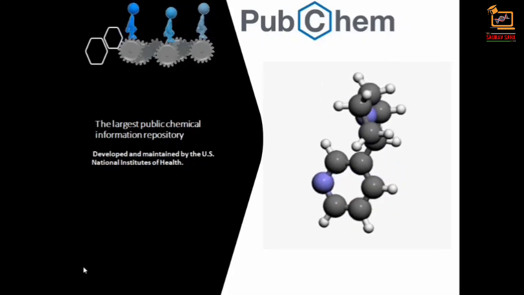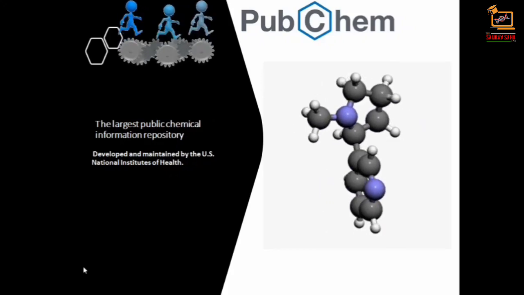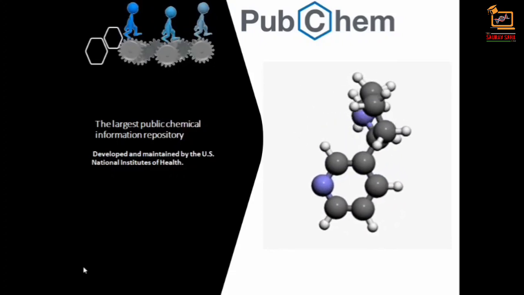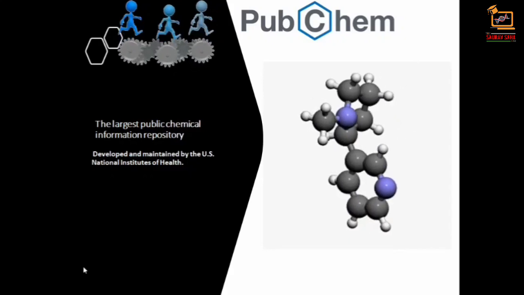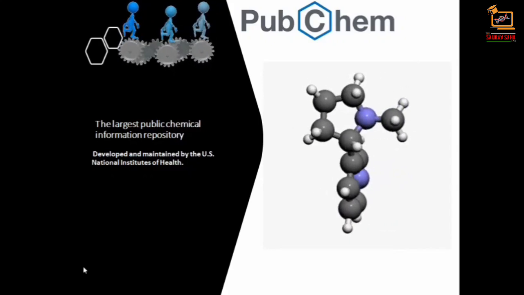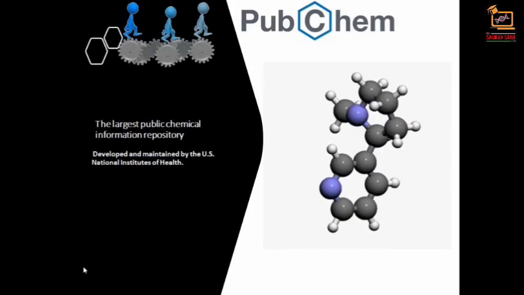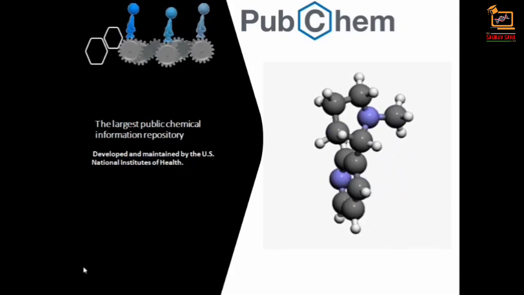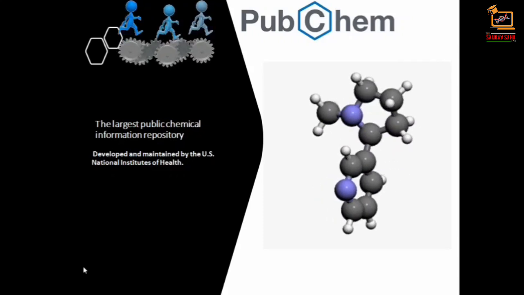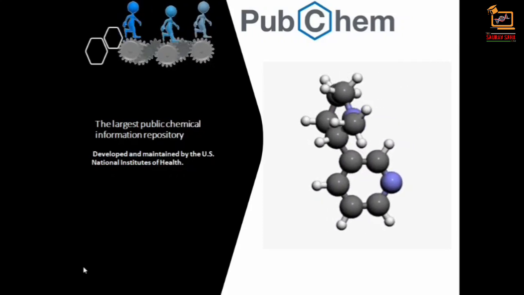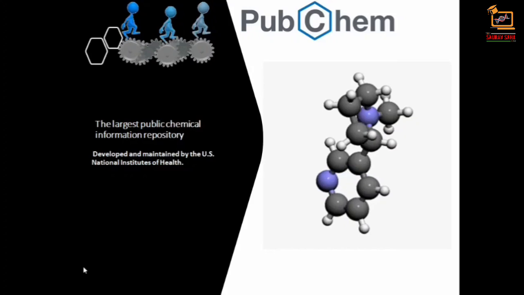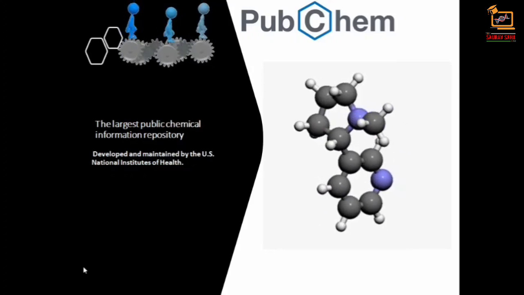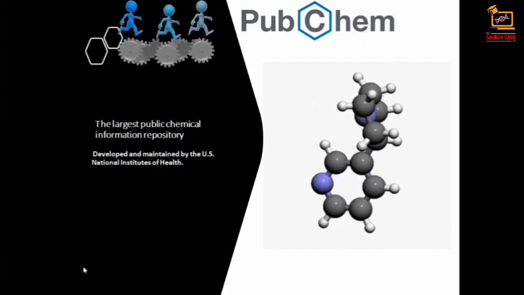PubChem is a public repository for information on chemical substances and their biological activities. Since its launch in 2004 as a component of the molecular libraries roadmap initiative of the US National Institutes of Health, PubChem has rapidly grown into a key chemical information resource that serves scientific communities in many areas such as chemical informatics, biology, medicinal chemistry and drug discovery.